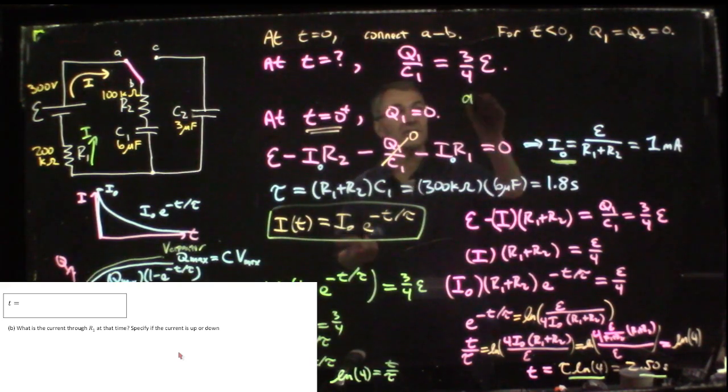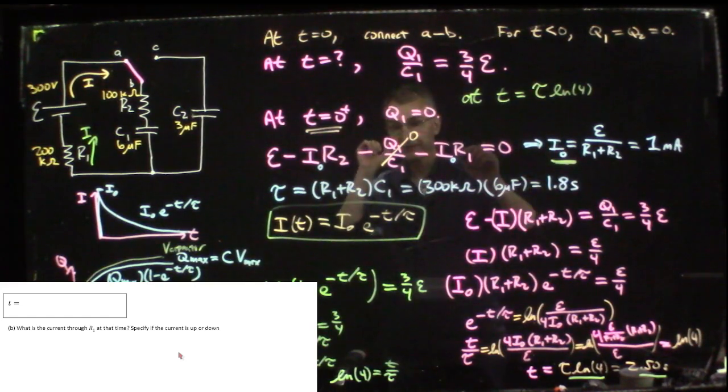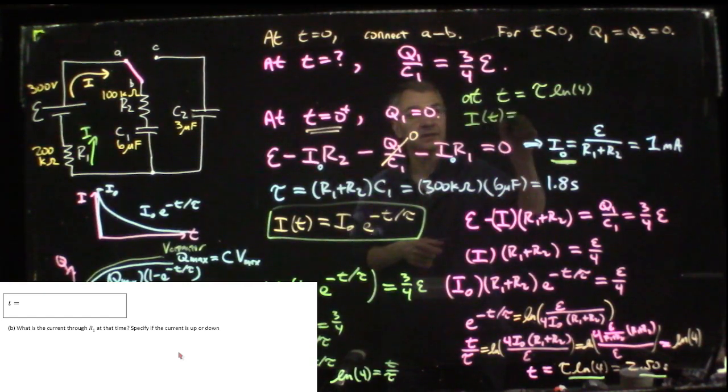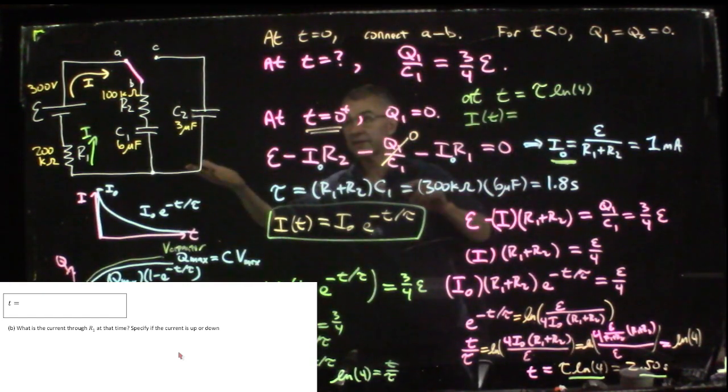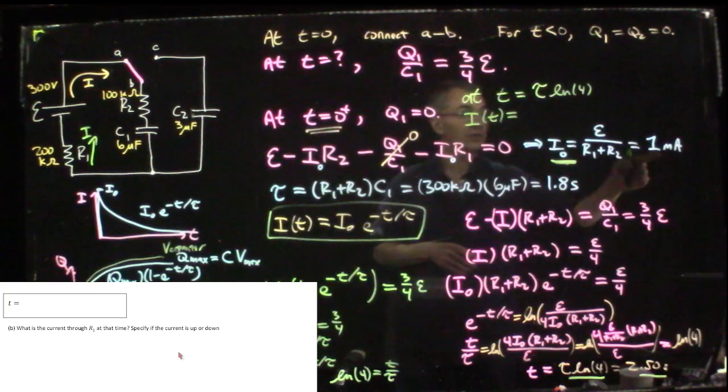So, okay, at t equals tau log of 4, we have I of t, which is the current through R1, and it's up. Okay, I of t is this answer here.